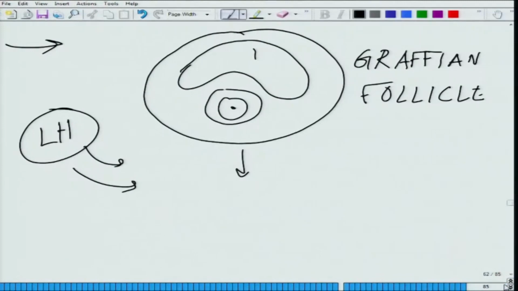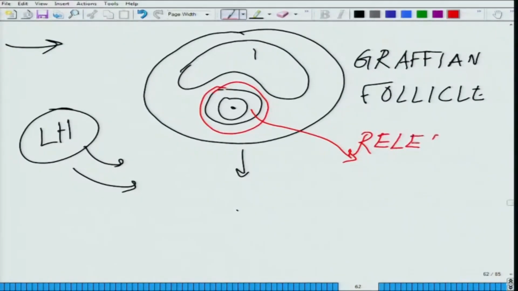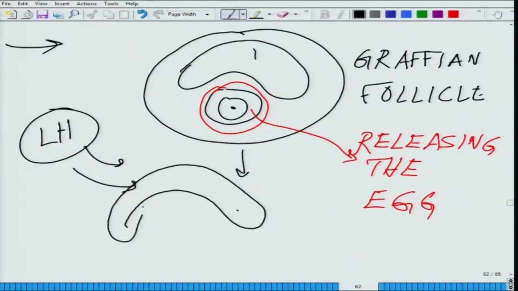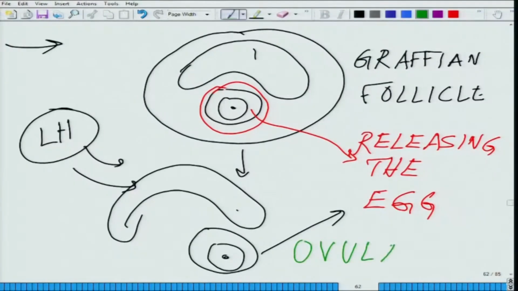What luteinizing hormone does is that this egg is released. It is releasing the egg, and this releasing phenomenon is something like this. You have this, and here the egg is getting released, and this process is termed ovulation.